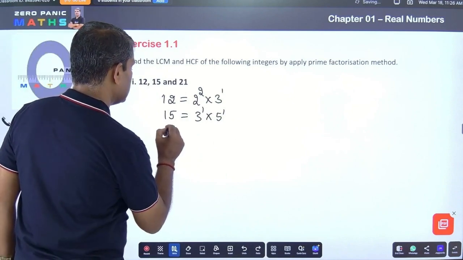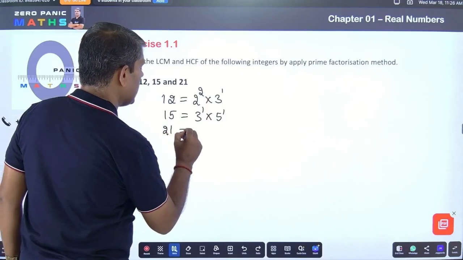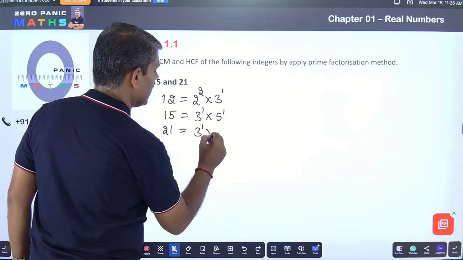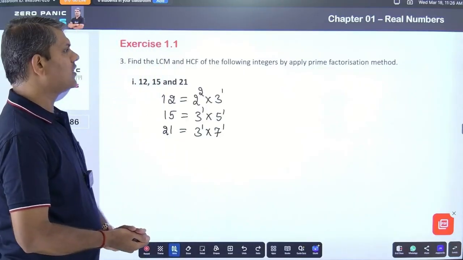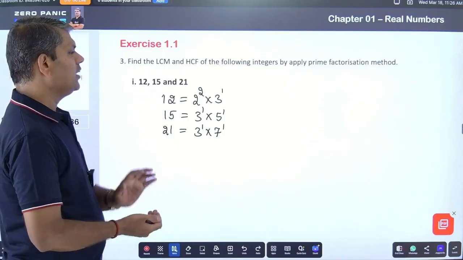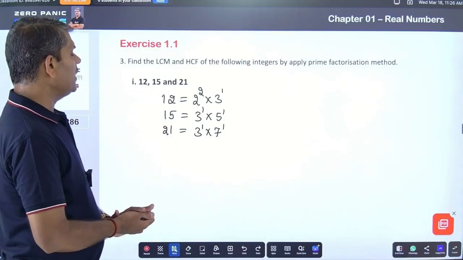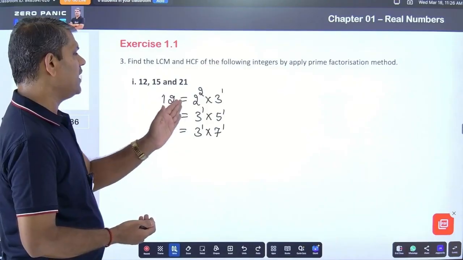I can write similarly the 21 as 3 7s are 21. So these are the simple prime factors of 12, 15 and 21. Okay, we need to find out the LCM and HCF based on this.